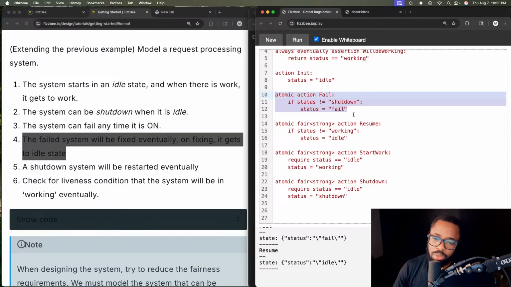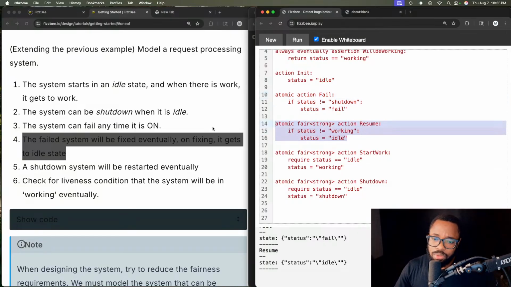So you can go to fail, and you can just loop on yourself to fail, fail, fail, fail, fail. But then you'll be forced back to idle.